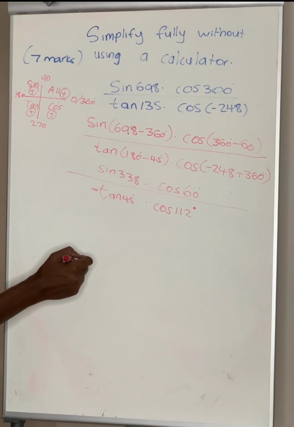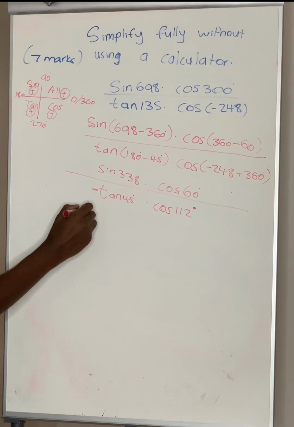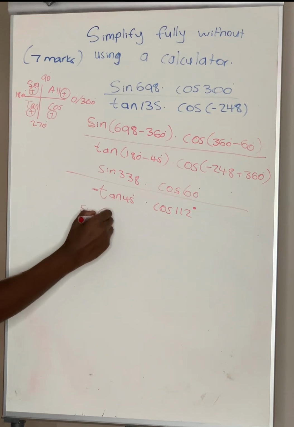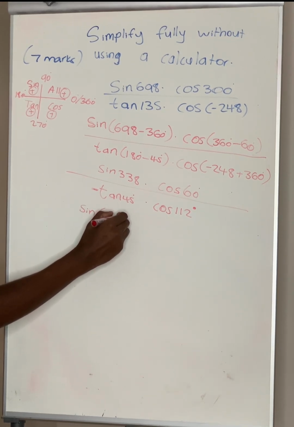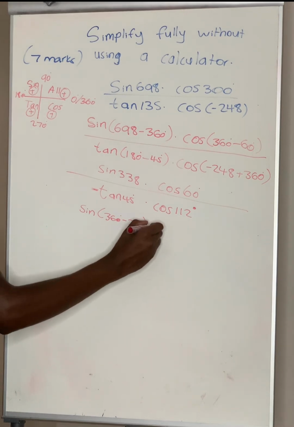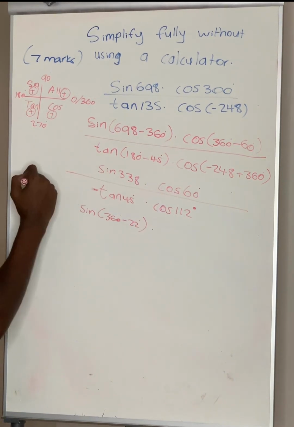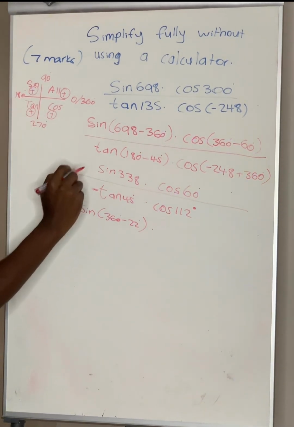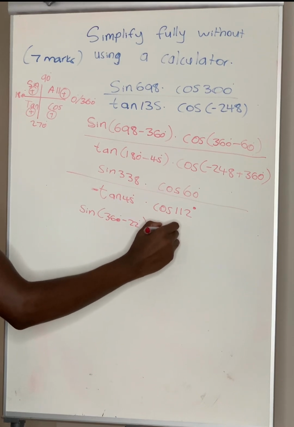We can then say sine of 338 in its simplest form is the same as saying sine of 360 degrees minus 22, multiplied by this cos 60. So 60 is actually a special angle. 45 degrees is also a special angle. But let's not solve it just yet. Let's just leave it as it is for now.